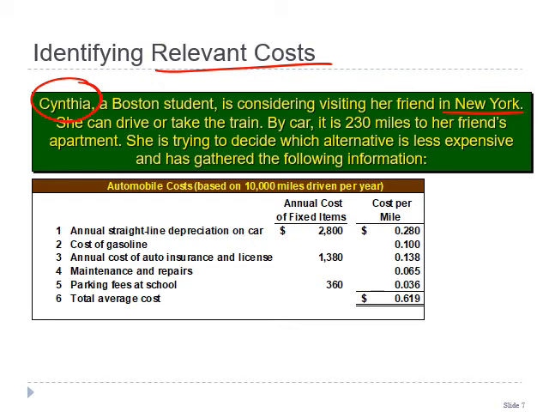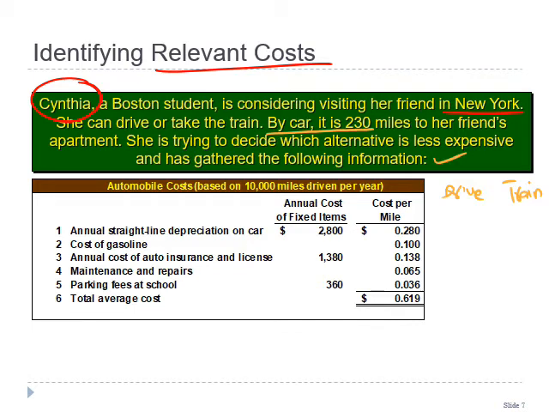Now we have two options, drive or train, right? Car or train. By car, it is 230 miles to her friend's apartment, and she is trying to decide which alternative is less expensive and has gathered the following information.